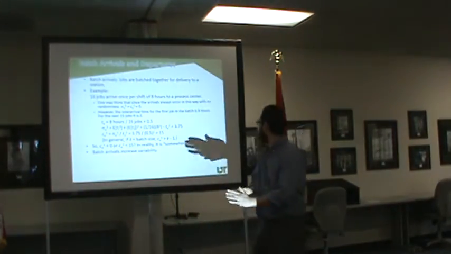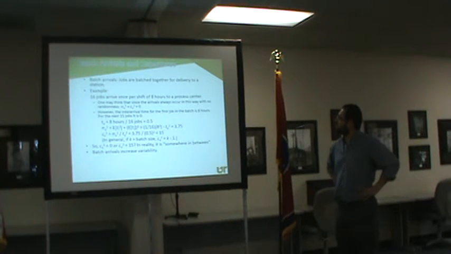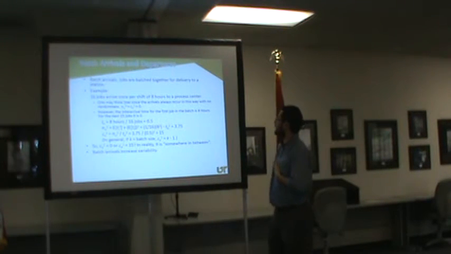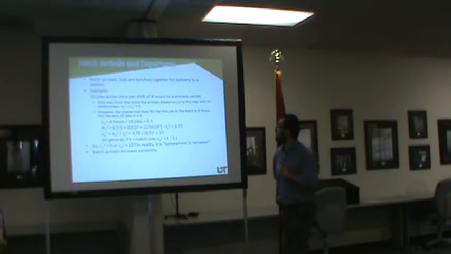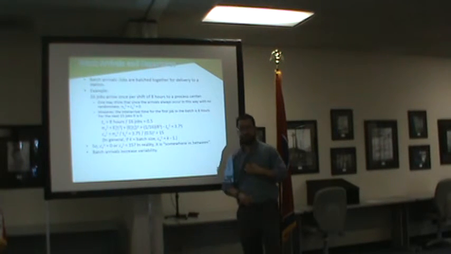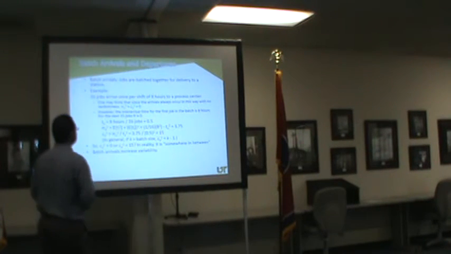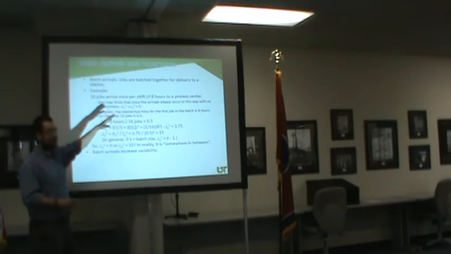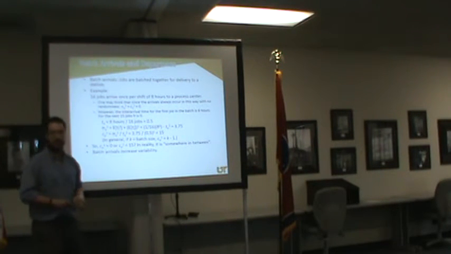All right, so here's one example. Going to the batch arrivals, okay? So we have 16 jobs arrive once per shift, and the shift is 8 hours, okay? We can assume that because it arrives once per shift, the coefficient of variation of arrivals equals 0.